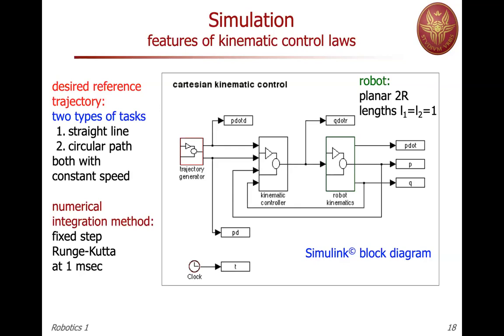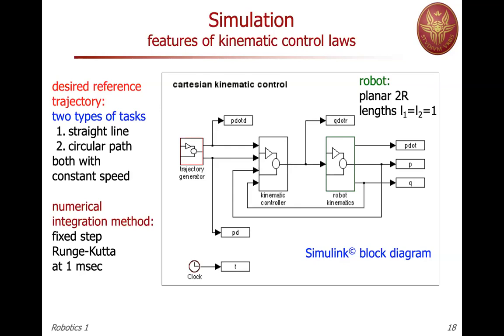And you see that I also bring this block to save the variable in the workspace for later plotting in the MATLAB environment. So I'm saving also P dot, so the velocity of the end effector, although I'm not using this for control. In fact, I'm not feeding it back at all. In this old schema, I was saving also the clock.